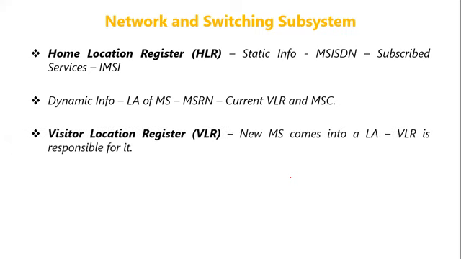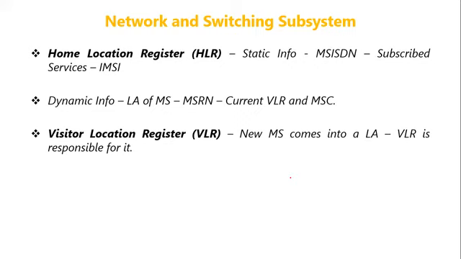The static information includes the MSISDN, which stands for Mobile Subscriber ISDN number. It also includes the subscribed services, that is, the services the user has subscribed for.